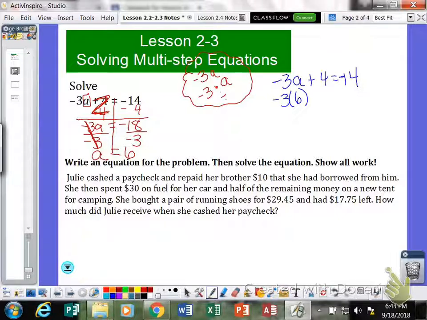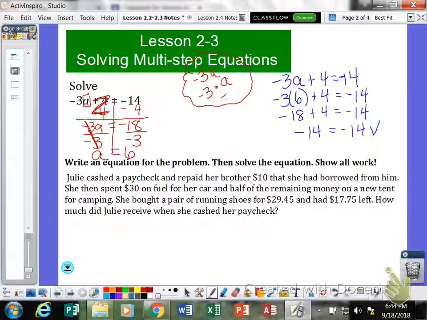I knew something was wrong there. That should be a negative 14 up there. So negative 3 times 6 plus 4 should equal negative 14. Negative 18 plus 4 should equal negative 14, and it does. Negative 14 equals negative 14, so it checks. Guys, I'm telling you, check your work. It's very, very important, because then you'll know if you have the correct answer or not.